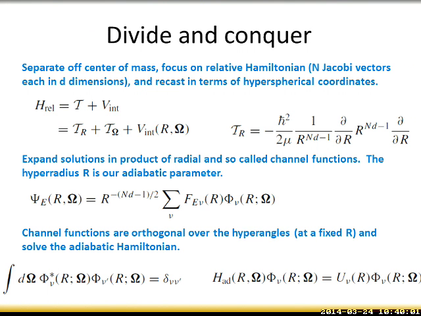What's nice about this particular choice of semi-separability is that the channel functions are orthogonal for every fixed hyperradius when we integrate over the hyperangles. The other thing that's nice is they solve the adiabatic Hamiltonian, which I'll show later, in which for every hyperradius we can get a set of hyperradial potential curves in our adiabatic parameter, R.